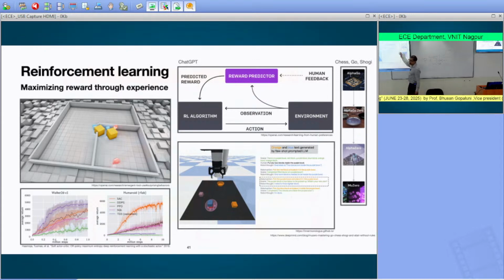You have some environment, a system, an external process that you want to control, the behavior of which you want to manage, right? So that's your environment.